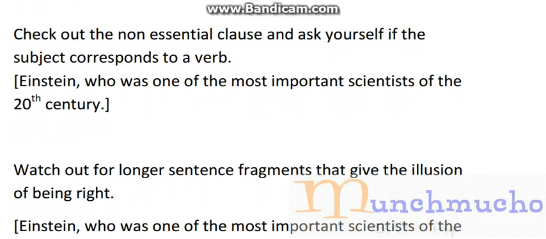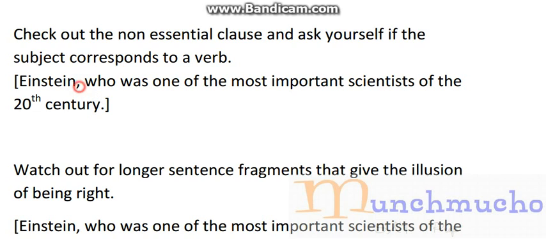For some other sentences, you're going to have to check out the non-essential clause and ask yourself if the subject corresponds to a verb. Now, the non-essential clause is going to be a clause or a collection of words, could be a sentence, that can be removed from the original sentence without changing the meaning of the original sentence. Typically, non-essential clauses are found in between commas.